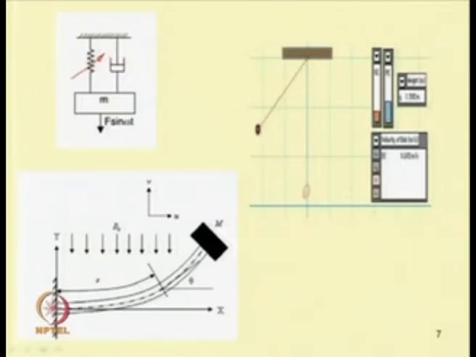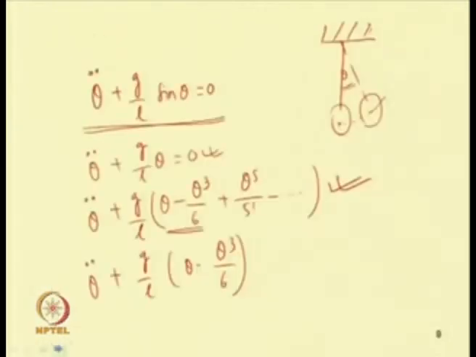So, when we consider the system to be nonlinear, let us see how the system will behave. In case of linear systems, we already know the system behavior. For example, in case of the linear spring mass system, when you write the system equation m x double dot plus k x equal to 0, the equation can be written in this form: x double dot plus k by m x equal to 0, or x double dot plus omega n square x equal to 0.